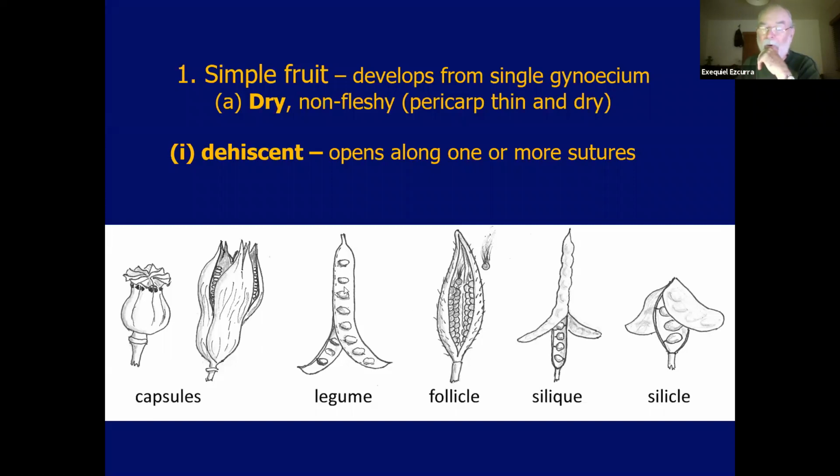It looks very much like a bean pod, but it's formed by two carpels, and the two carpels open sidewise, both, and leave a seed inside attached to the suture lines where there is a vein of both carpels, and from there they will start releasing gradually. The mustard seeds, for example, occur in this type of fruit that is known as a silique. And then in other plants, like in Capsella, also in the family, the silique is very shortened and very often heart-shaped, and it is known as a silicle.